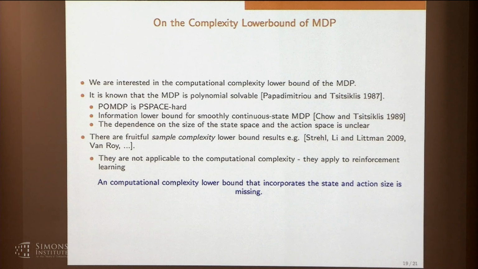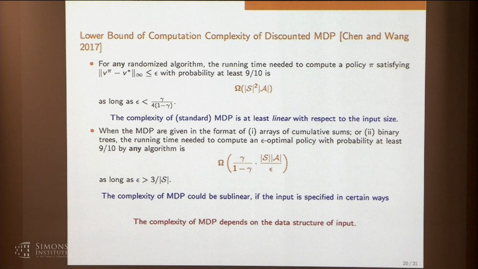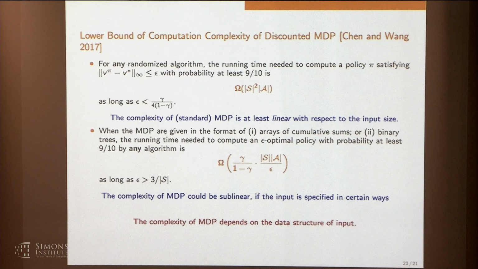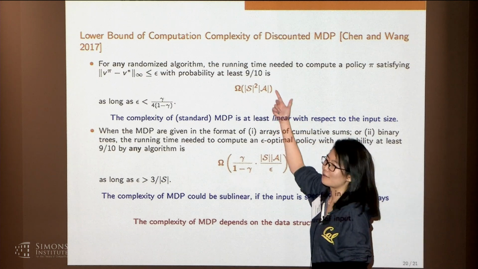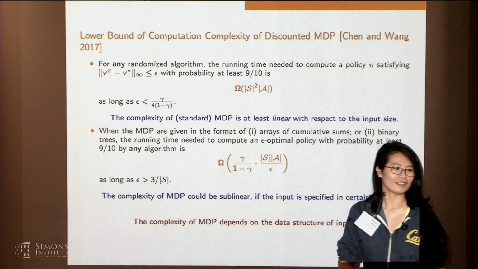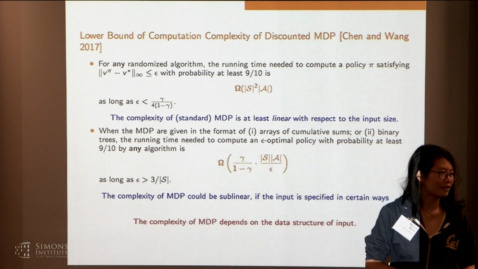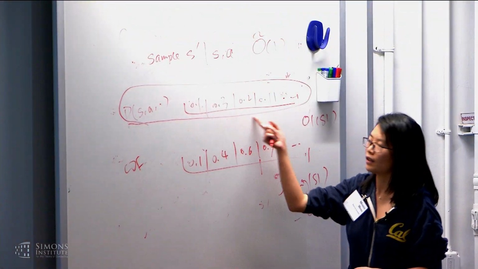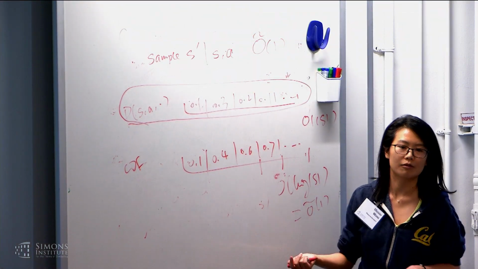So we proved the lower bound. The result reads very naively: you have to read most of the entries in the data input in order to find a reasonable epsilon-approximate policy, in the case when my probability vectors are given in this form, just a discrete vector of probabilities.